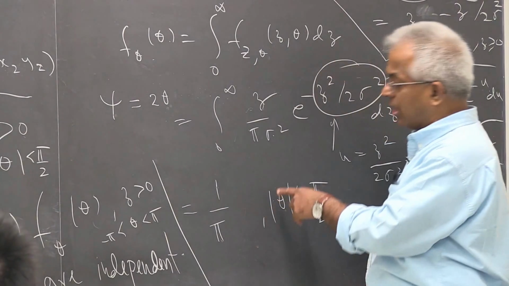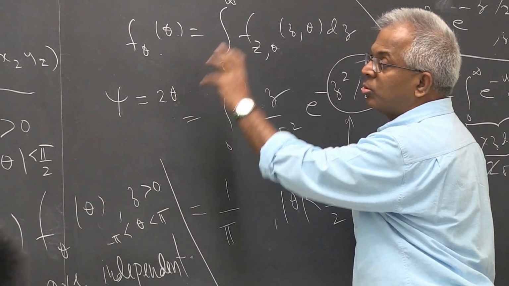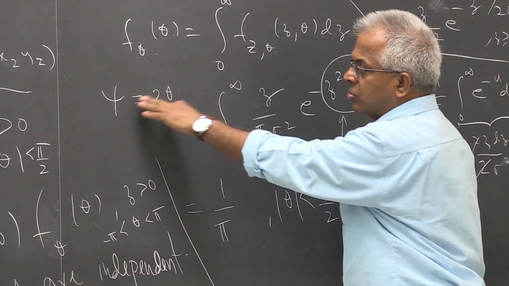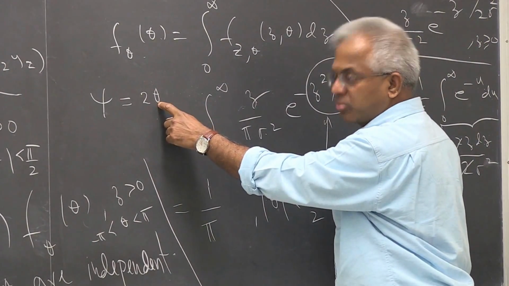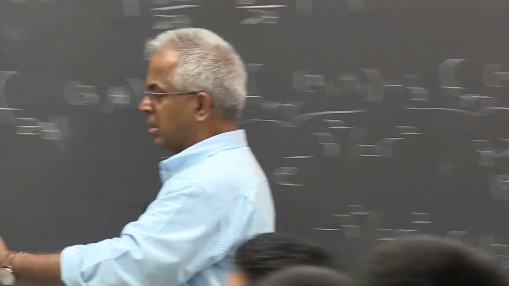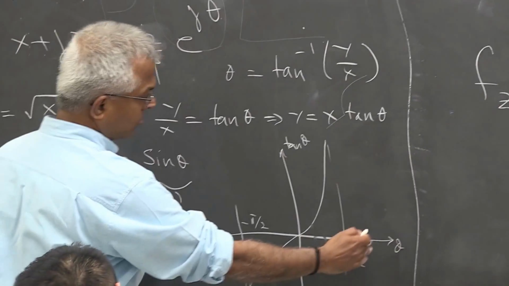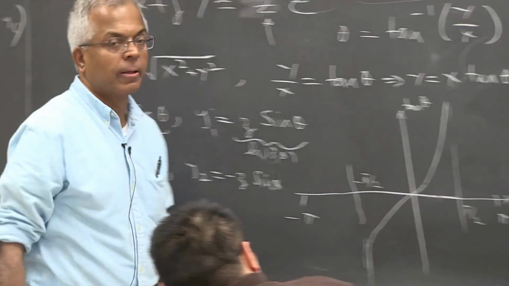Remember, the argument is you define a new random variable which is 2 times the old random variable. So the new random variable has double the range. If the original one was from minus pi by 2 to plus pi by 2, here we are considering beyond the principal value. So we are considering from minus pi to pi.